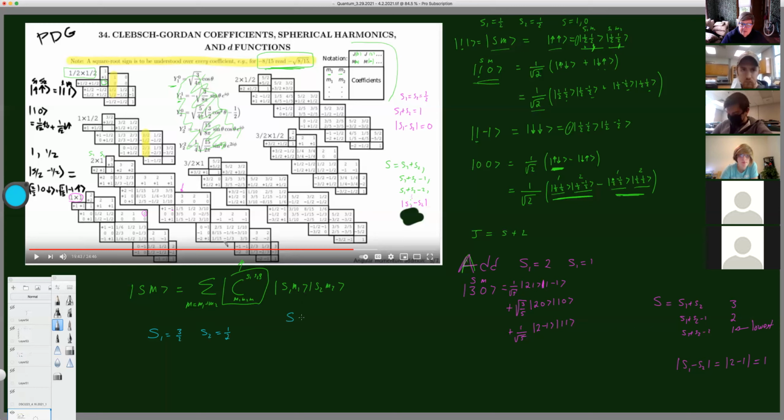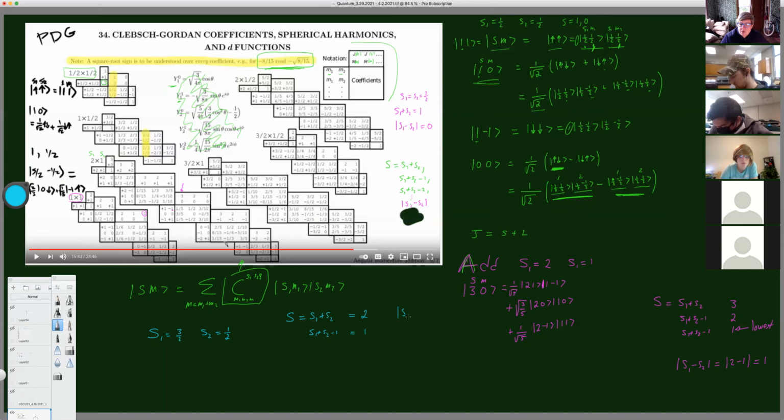So total S can be S1 plus S2, which is equal to 2. Indeed, we see a 2 up here. And then S1 plus S2 minus 1, which is 1, and we do see a 1 up here. Okay, so let's figure out what the lowest one can be.